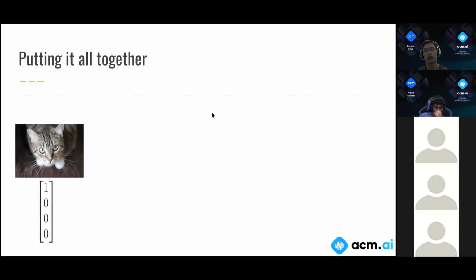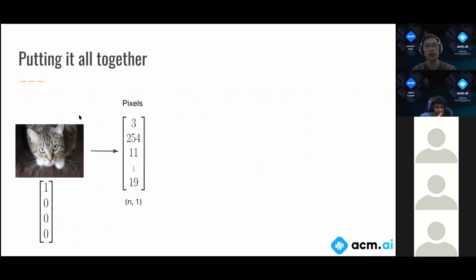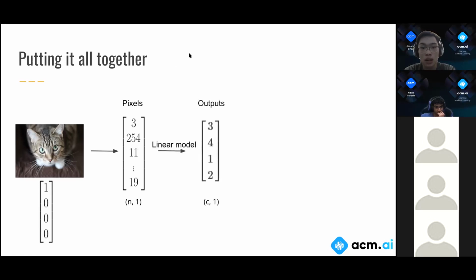All right, so putting it all together. First we have our image of a cat, which we labeled as 1000. So the first class is a cat, and that's why I have a 1 here. Then we want to flatten this picture into a 1-dimensional vector, which we can feed into our model.